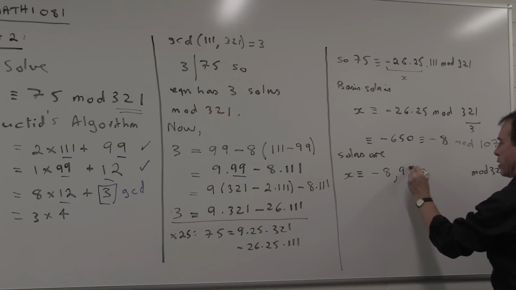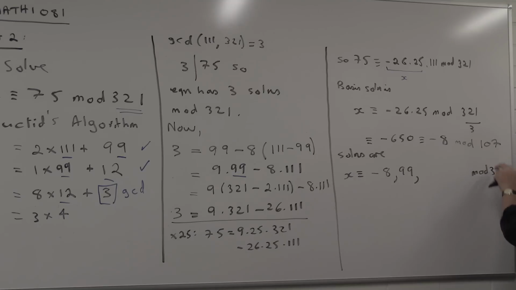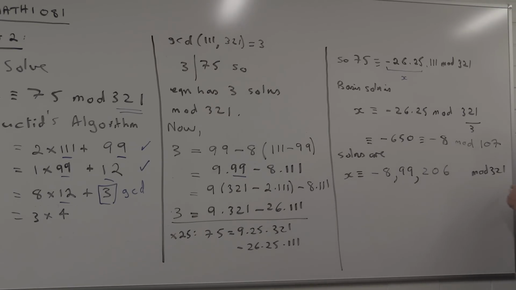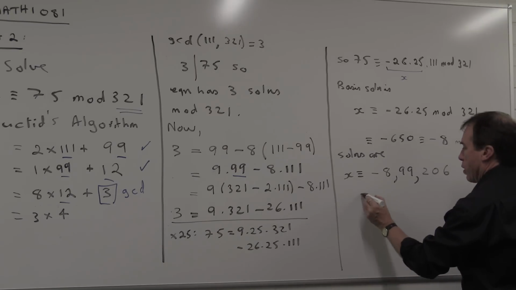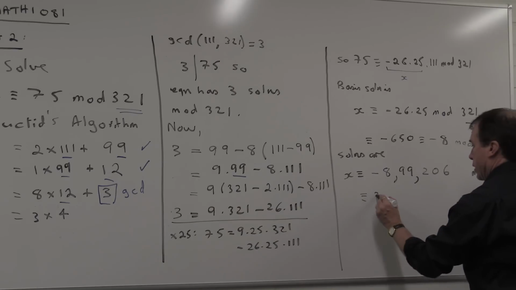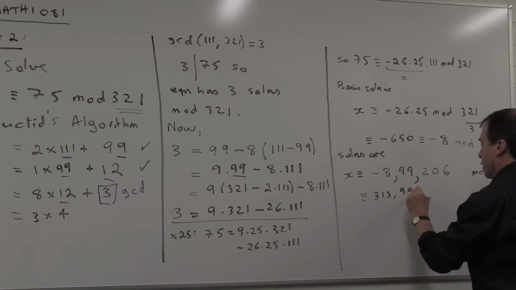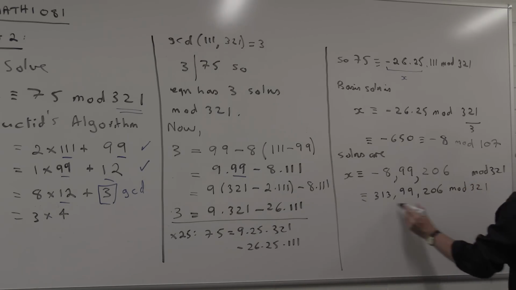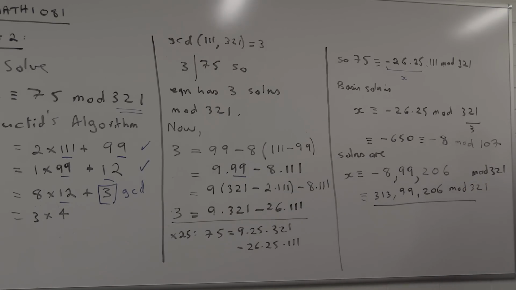So that would give me 99, and add on 107, I get 206 modulo 321. And if you wanted to, you could rewrite minus 8 as 313. Doesn't matter, or you could leave it as minus 8 mod 321. And there are the 3 solutions modulo the modulus you started with.